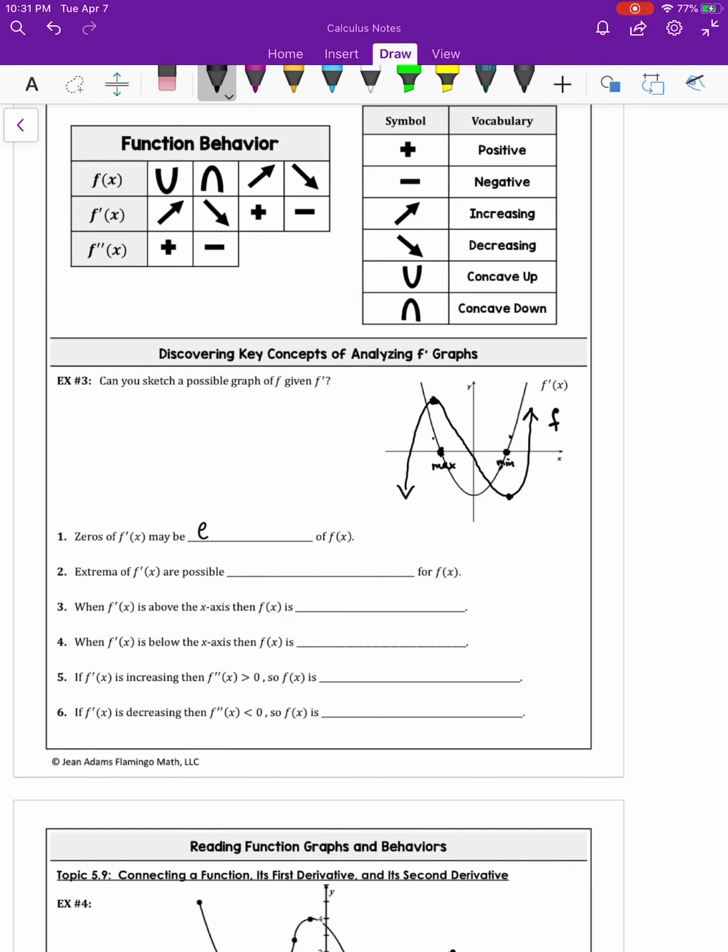So the zeros of f prime of x may be extrema of f of x. Extrema of f prime are possible inflection points.